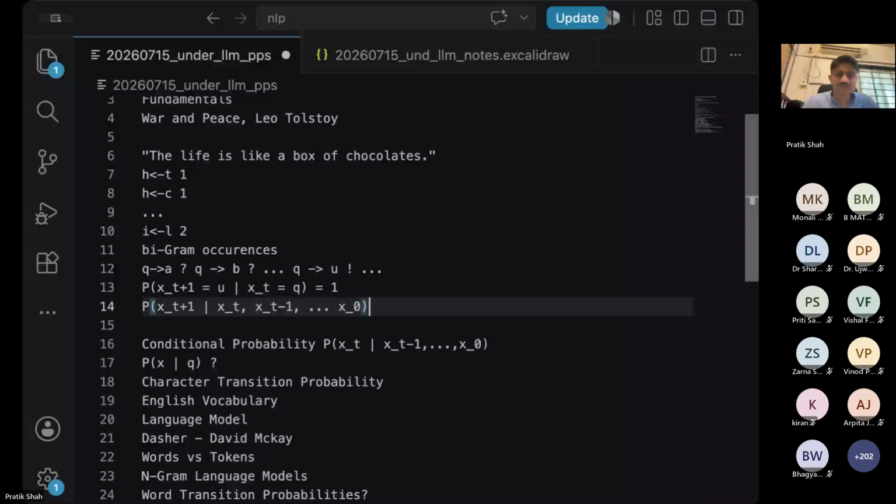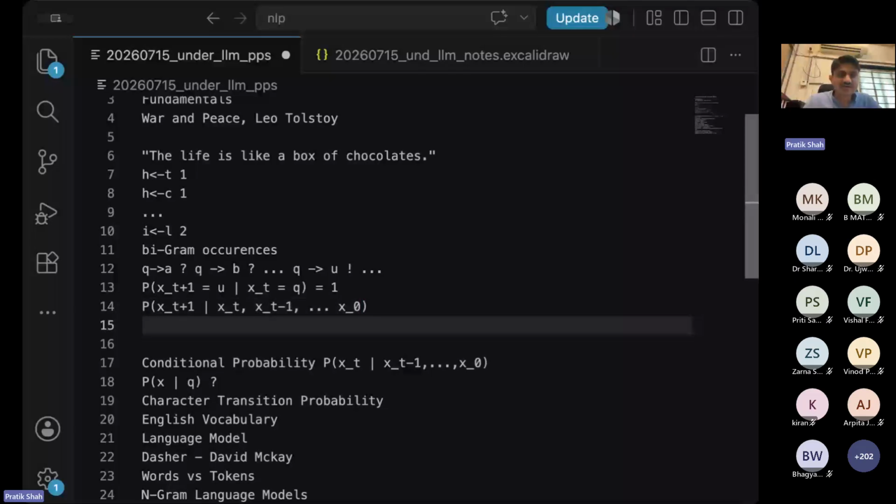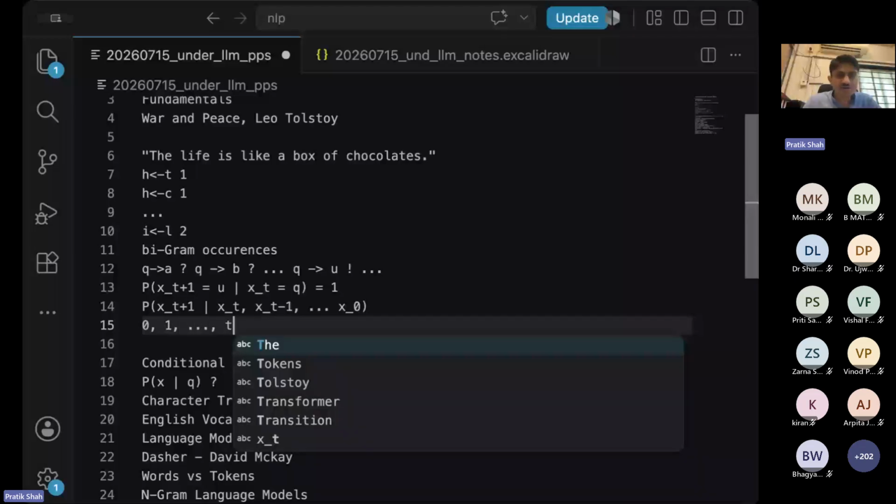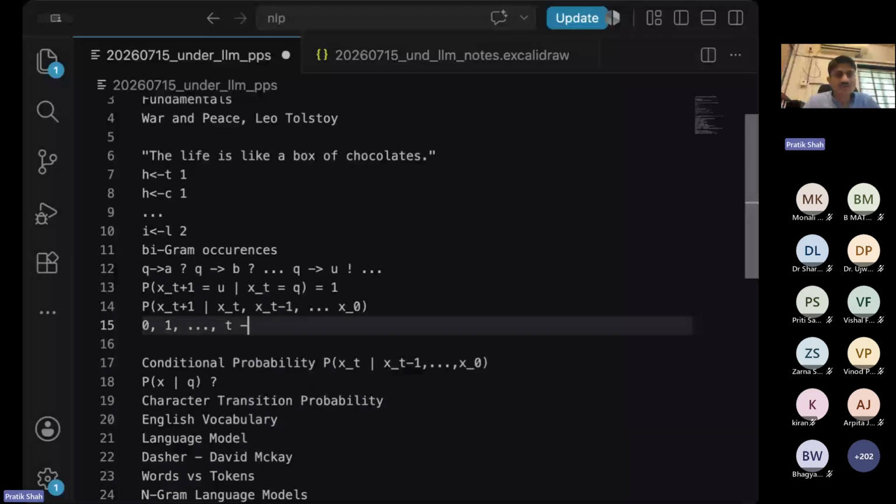Now, the way in which I have talked about this is I start from index 0, build upon this, reach up to t, and then I try to infer about t plus 1. Now, all these 0 to t are before t plus 1. So this has some sort of a causal relationship.